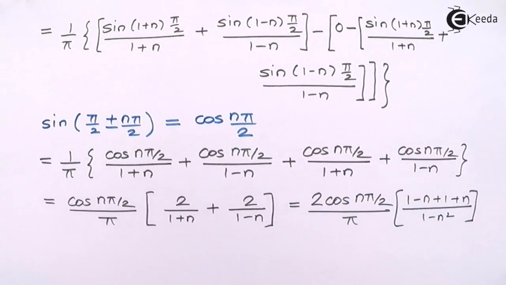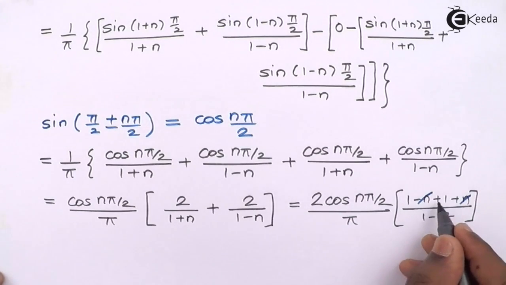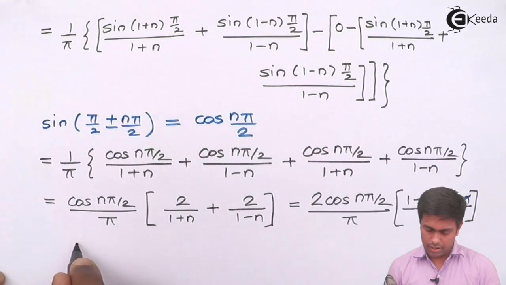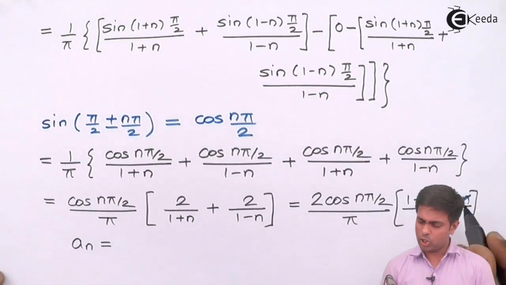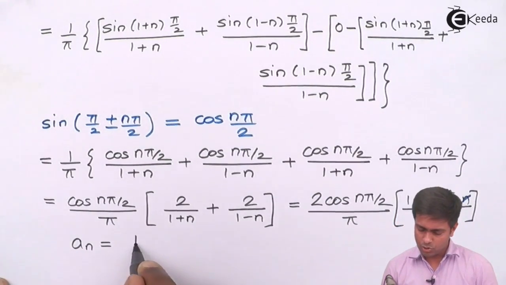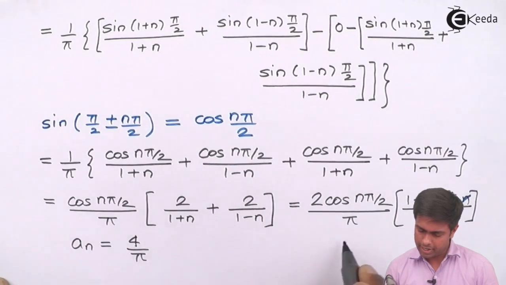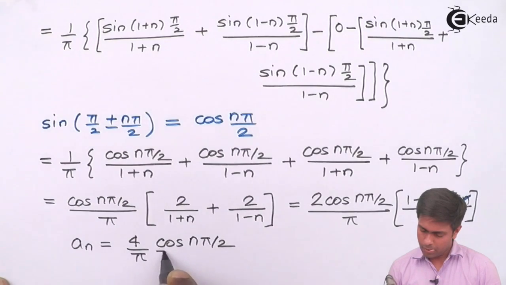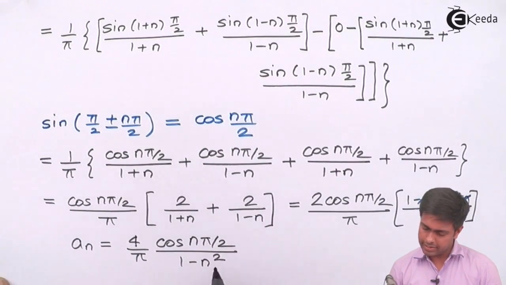Now guys, here we can cancel this positive and negative n, and we will get 1 plus 1 is 2. So this will become, here I'll write down an will be 2 into 2, that is 4. So 4 by pi cos of n pi by 2 upon 1 minus n square.